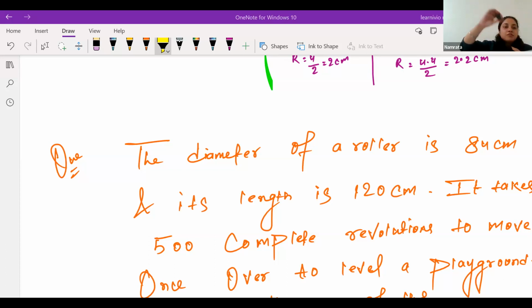Getting it? We are taking a roller, moving it one time, curved surface area of the cylinder. Again, second time curved surface area, third time curved surface area. How many times have we rolled it? 500 times we have rolled it, and then we are done with the complete playground. All right. What do we have to find over here? Let's see what the question says.